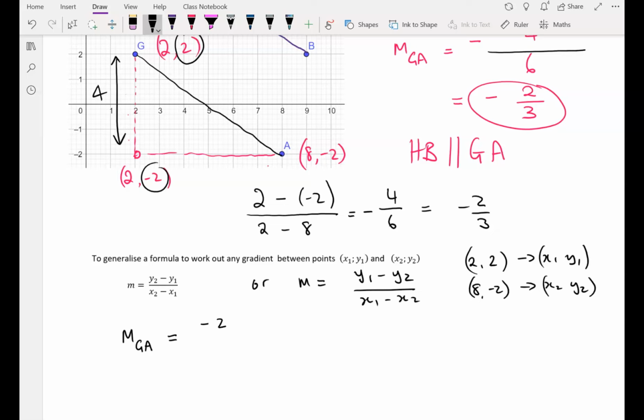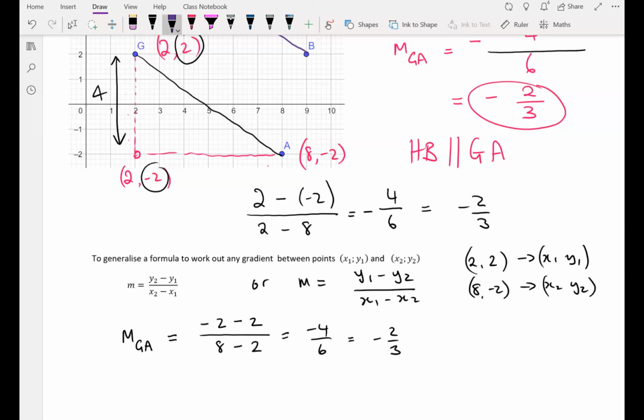That's minus 2 minus 2 over x2, which is 8, minus x1, which is 2. That's going to give me my minus 4 over 6, which we said was minus 2/3.